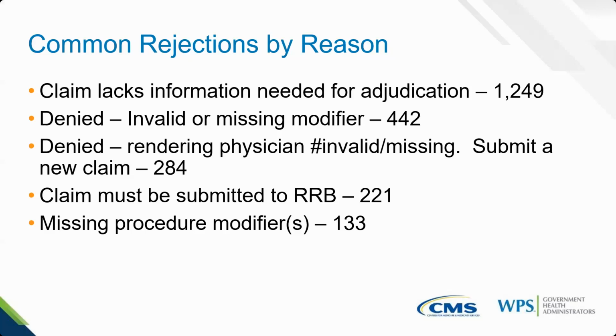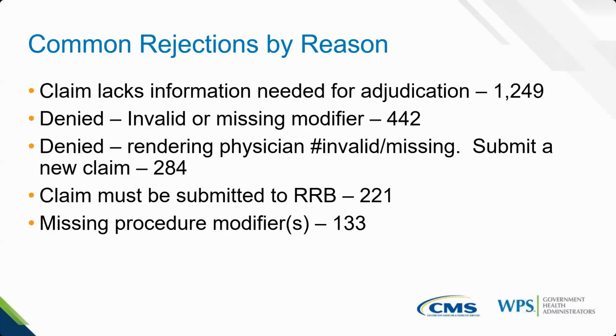Another common rejection reason for gastroenterologists, and only gastroenterologists, because the data I'm presenting now pertains only to gastroenterology claims: 284 rejections because the rendering physician number was invalid or missing altogether. So you need to fix it and resubmit a new claim.